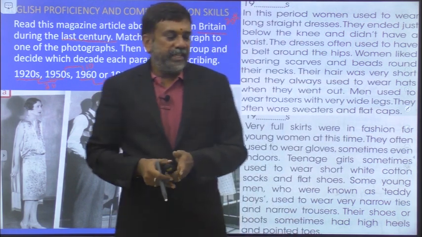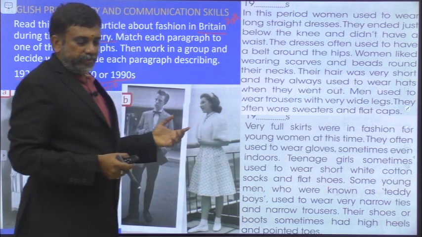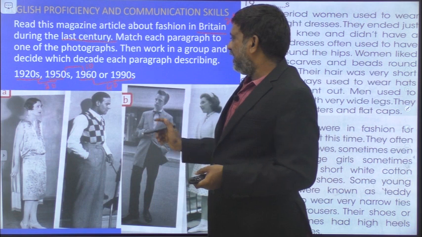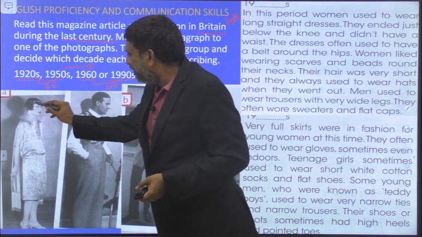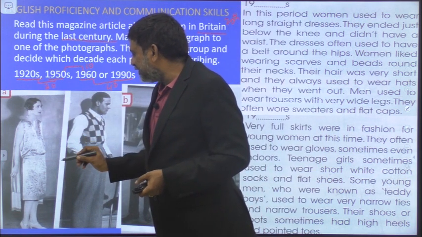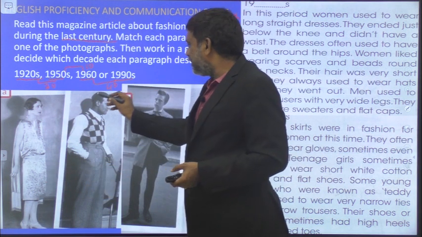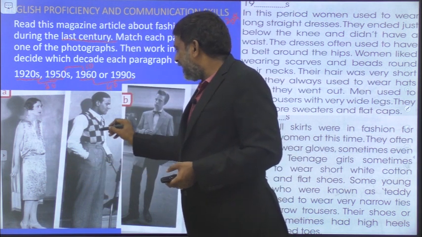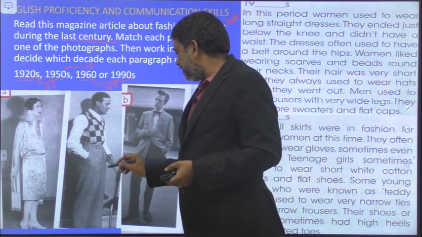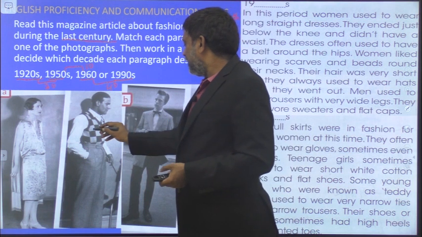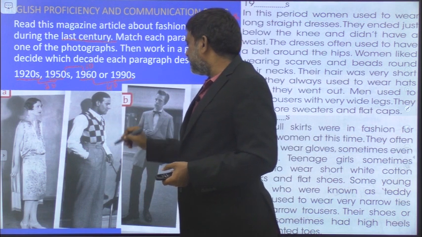So here we could see the different photographs. See here in picture A, the lady has short hair and what is her dress here? And look at this man. He has tucked in formally and he has a sweater with a checked pattern.